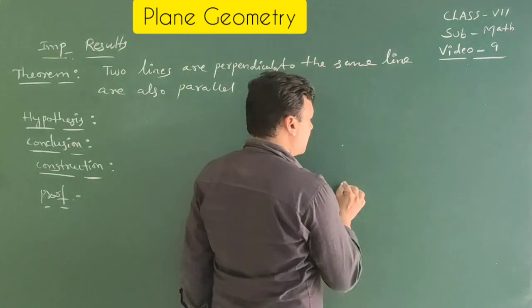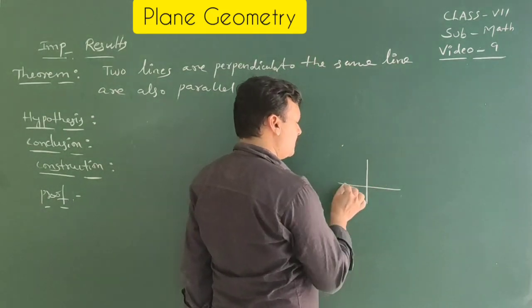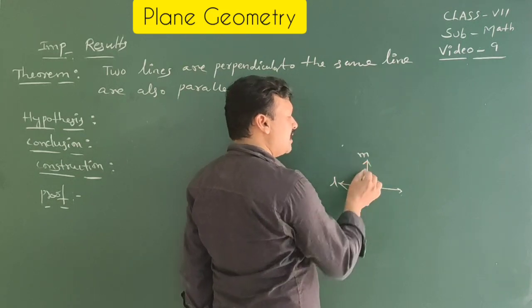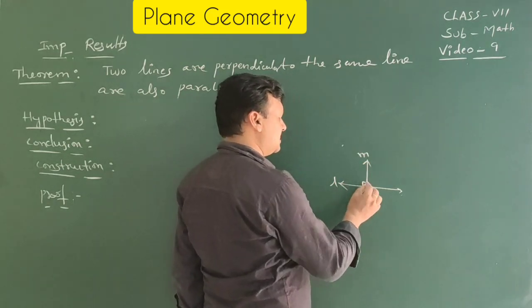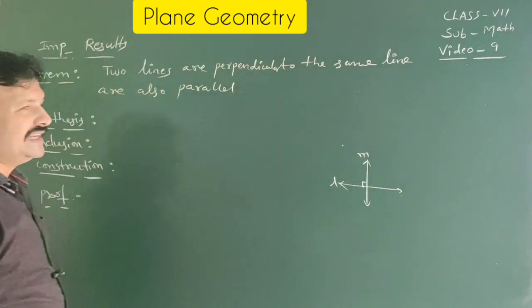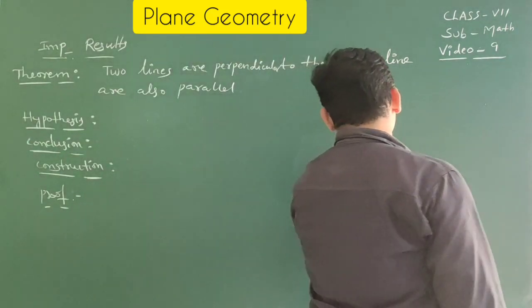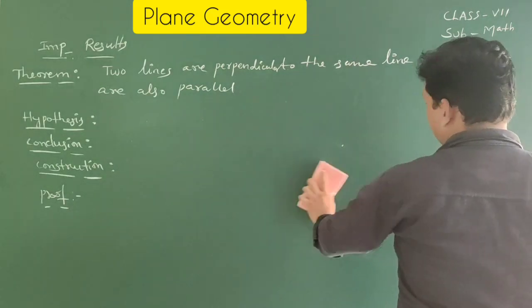What does perpendicular line mean? Here L and M are perpendicular because they meet at 90 degrees. Two lines intersecting at 90 degrees are treated as perpendicular to each other. L is perpendicular to M and M is also perpendicular to L. So, here two lines are perpendicular to the same line.